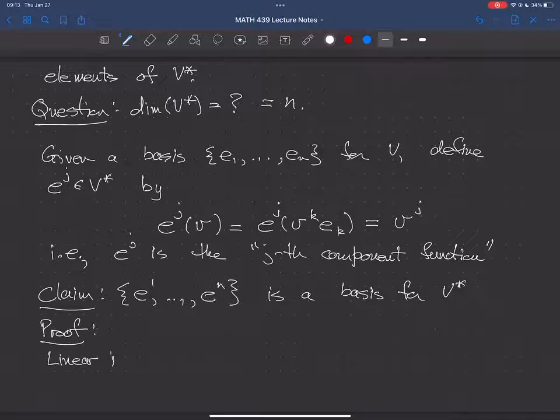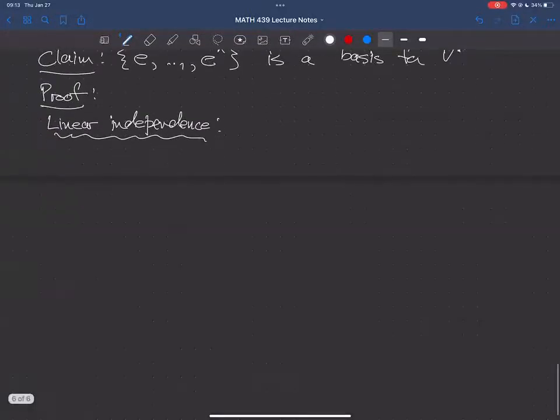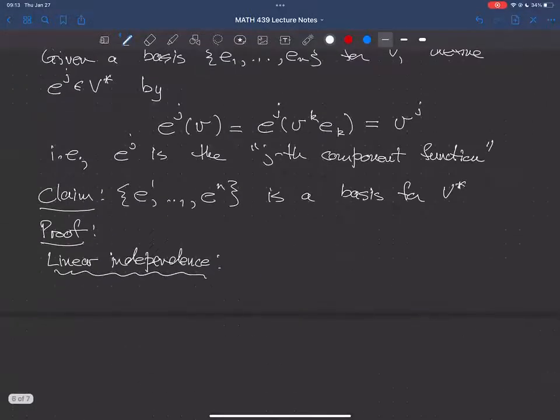All right. Okay, so first, we're going to prove linear independence. How do you prove that a collection of vectors is linearly independent? Well, you write down a linear combination of them, and then you show that if the linear combination is equal to 0, then the coefficients in the linear combination must be equal to 0.